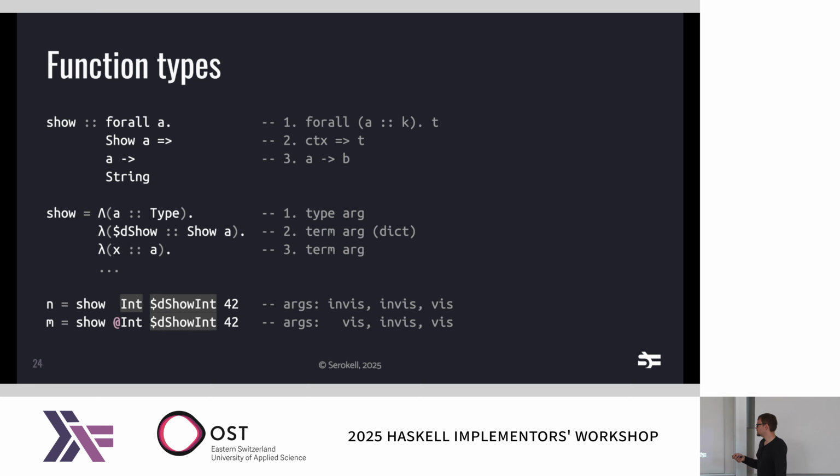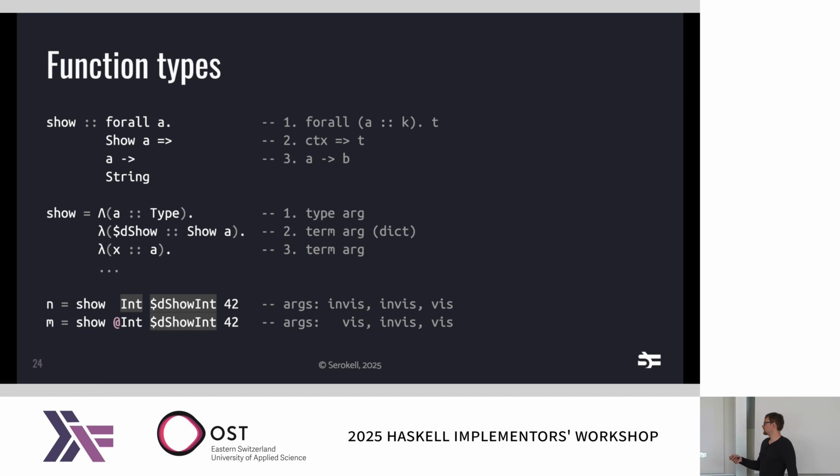Or you have a choice of supplying the type argument visibly using the @ sign. What is the @ sign? We call it the visibility override, because by default, the for all bound type is invisible. You don't write it, but you use the @ sign and you tell GHC, no, I actually want to write it. You override the visibility of this argument.